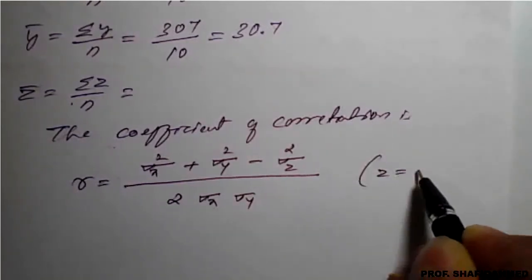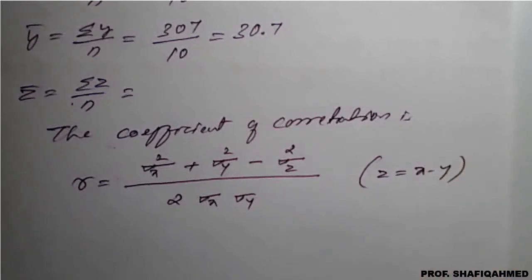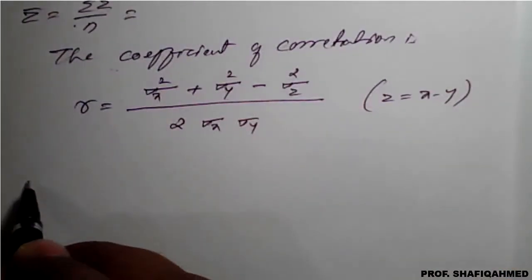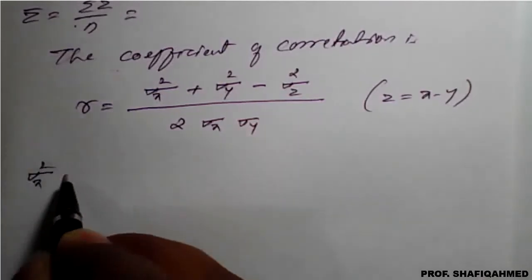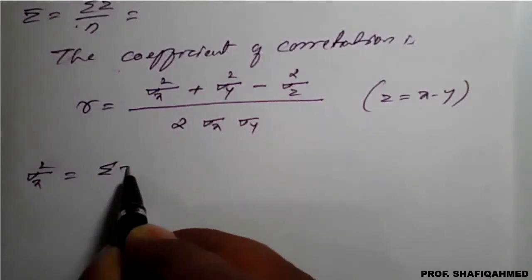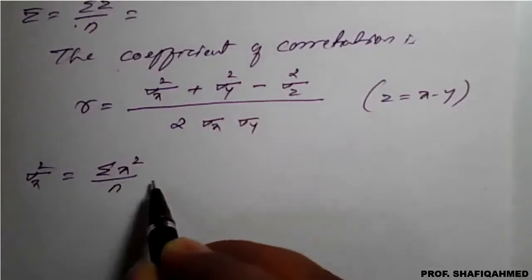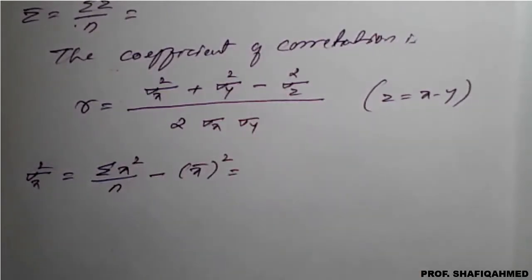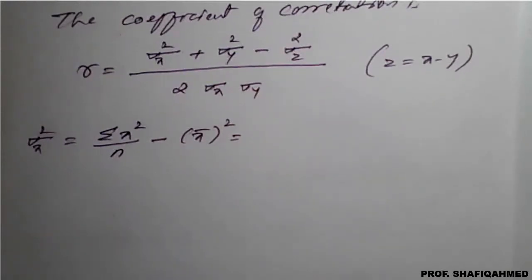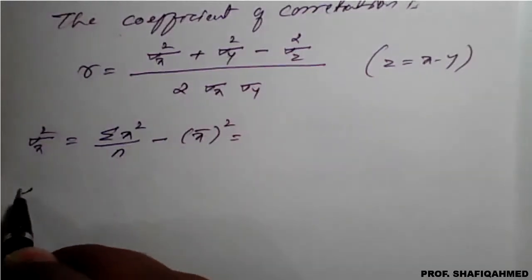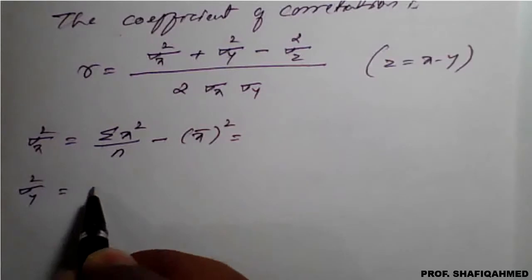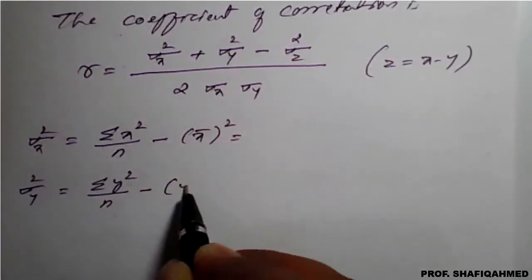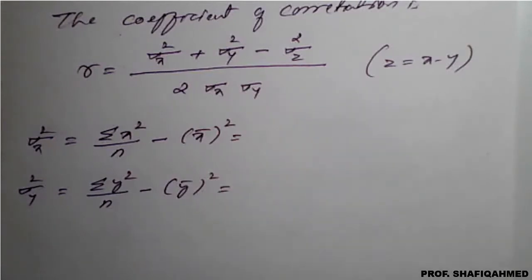Here z is nothing but x minus y. As we know, the formula for standard deviation of x square is summation of x square divided by n minus x bar whole square. Then standard deviation of y square is summation of y square divided by n minus y bar square.